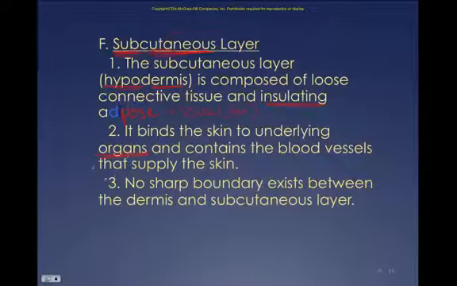So blood vessels that make it to the dermis are coming originally from that subcutaneous layer. And the hard part is there's no real sharp boundary that exists between the dermis and the subcutaneous layer. They kind of almost just run into each other. But typically, if you see a layer that has lots of fatty tissue, adipose tissue, then you're in the subcutaneous layer. Okay? So if for some reason you're in the medical field and you're giving what's called a sub-Q injection, when you give sub-Q injections, you're actually injecting into the subcutaneous layer. This is the layer that you're injecting into.